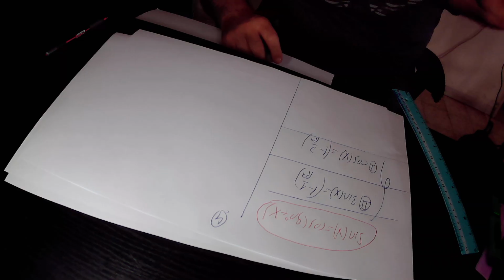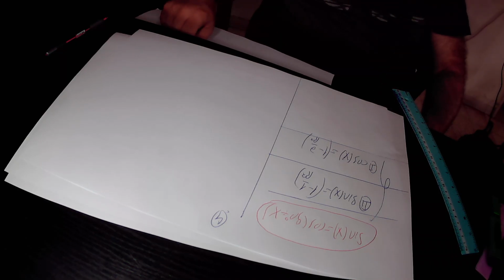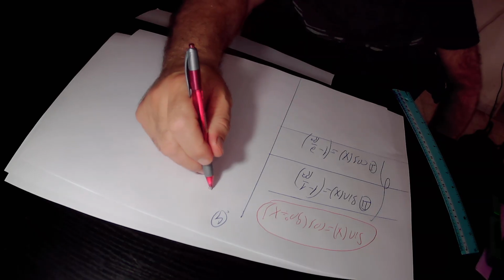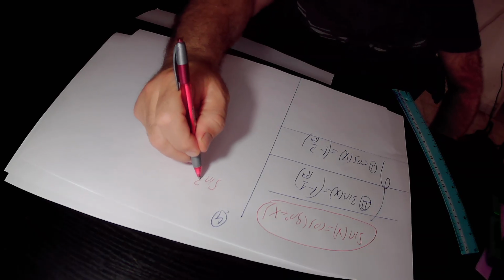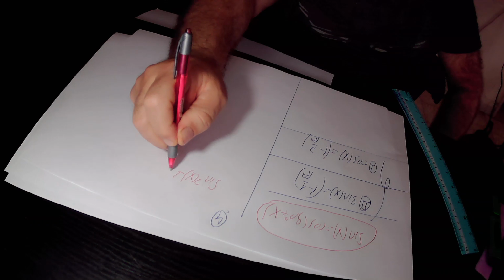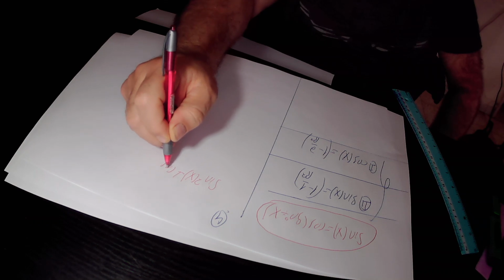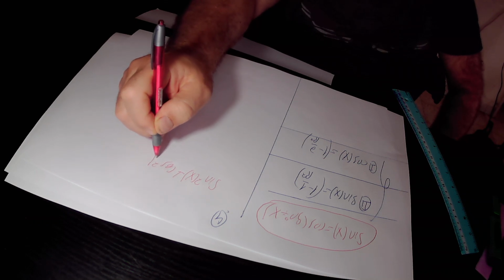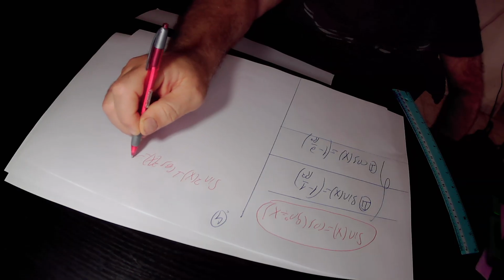Now we will use the following trigonometric identity that states that sine squared x plus cosine squared x equals 1.